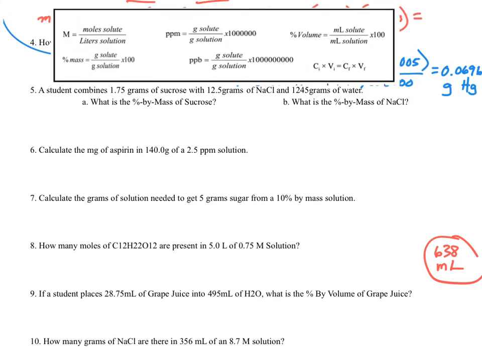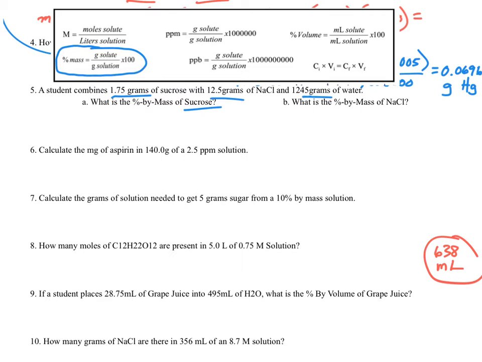So percent by mass. All right, we are looking at the percent by mass equation here, and the grams of solute in this case is going to be sucrose, and the grams of the solution now is going to be all of it added together.